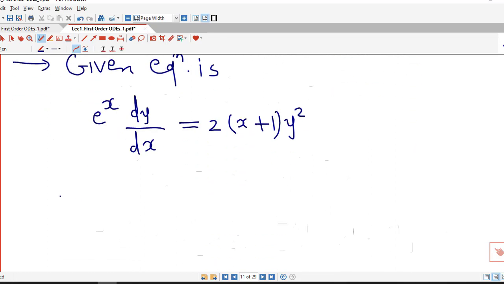So now we consider this e raised to x and dx on right hand side, and we consider this y square on left hand side.